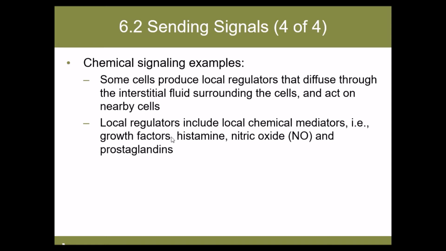If you have any kind of allergies, especially in the springtime, you may have to take an antihistamine. Histamines are produced as a chemical that starts up the inflammatory response. And so a lot of people have problems with those. Nitric oxide, a lot of times it will affect your blood vessel dilation and things. And then something called a prostaglandin.